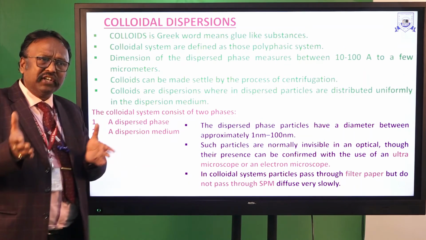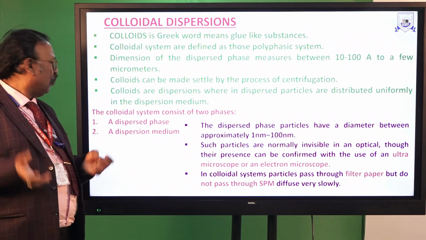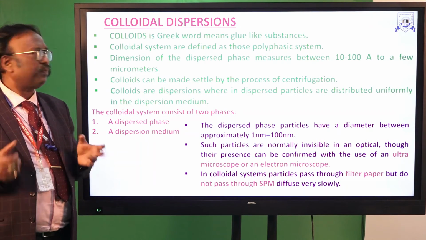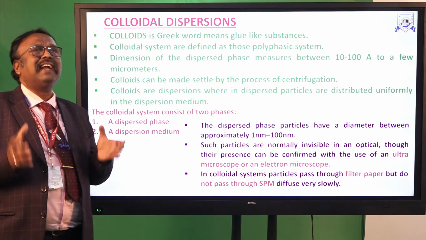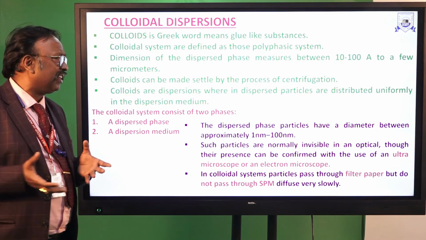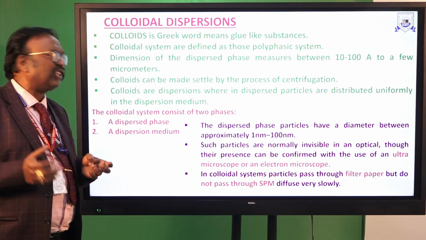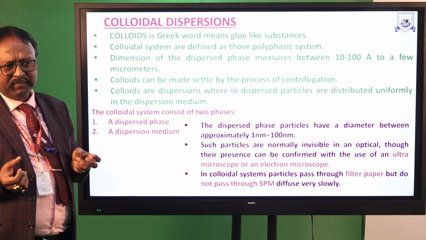We already said there are two types of phases: one is the dispersed phase, another one is the dispersion medium. The dispersed phase particles have a diameter of approximately 1 nanometer to a maximum of 100 nanometers.